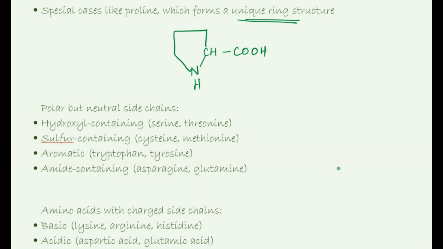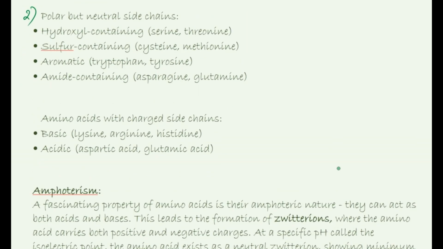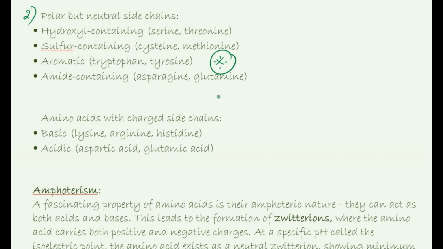Okay. The second category is polar but neutral side chains. In that case, hydroxyl containing side chains are serine and threonine. Sulfur containing side chains are cysteine and methionine. Aromatic are tryptophan and tyrosine. This is important. And amide containing are asparagine and glutamine.